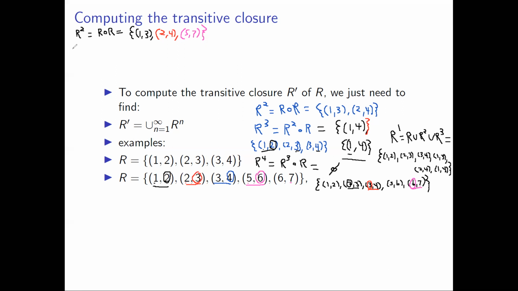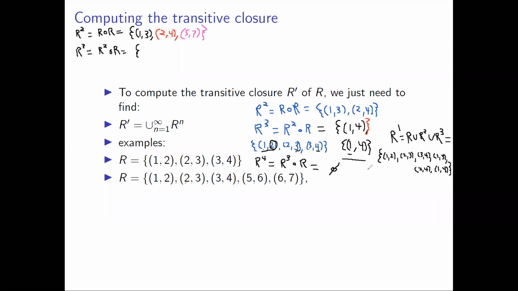Now we can find R cubed. This is equal to R squared composed with R, and to find that, I'll take the R down here. I'll erase the drawings I made on it. And I will erase this right here.